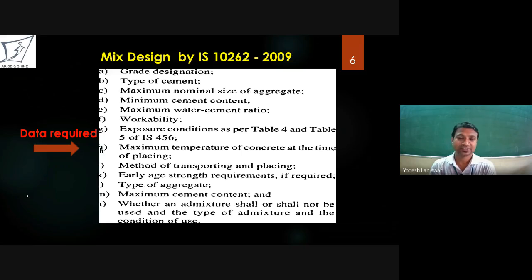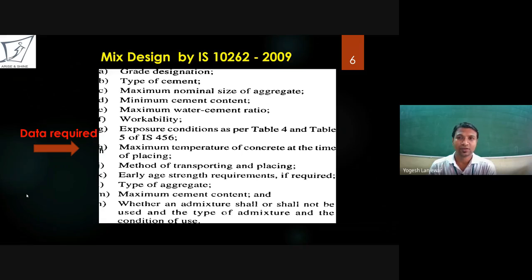The second data required is the type of cement. In the industry, various types of cements are available, like OPC, PPC, colored cement, rapid hardening cement. So the type of cement again plays a great role, and it should be known to us. Third is the maximum nominal size of an aggregate.